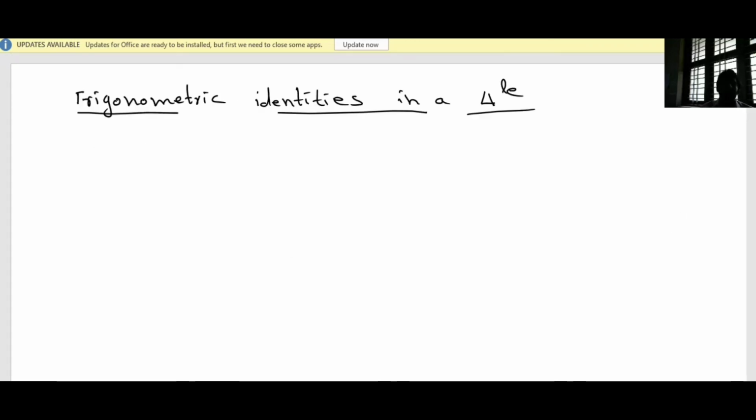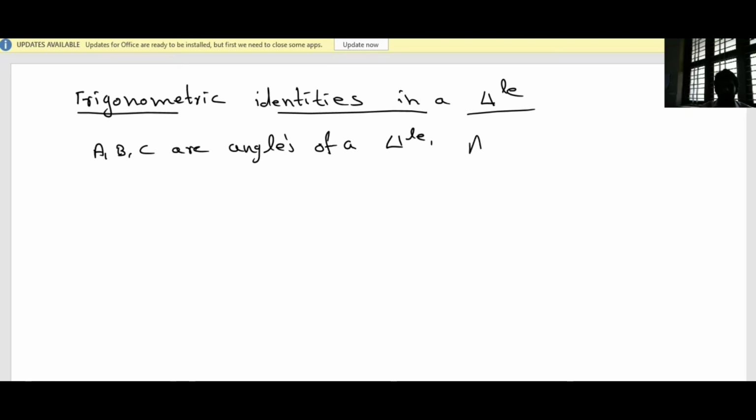Clear? Our next concept is trigonometric identities in a triangle. We know that in any triangle, the sum of the three angles is equal to 180 degrees. Suppose A, B and C are the angles of a triangle, any triangle.